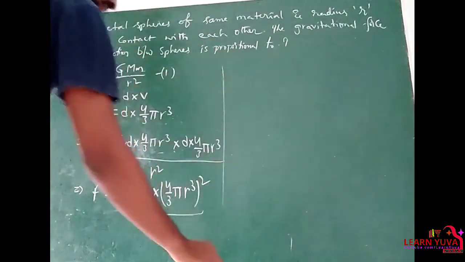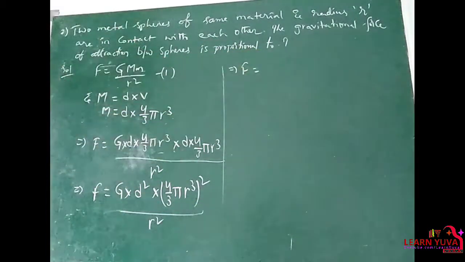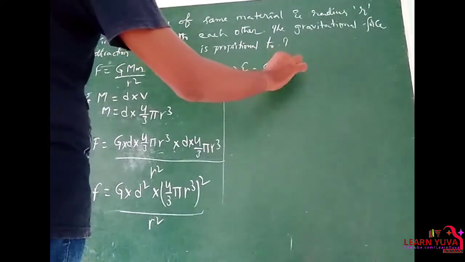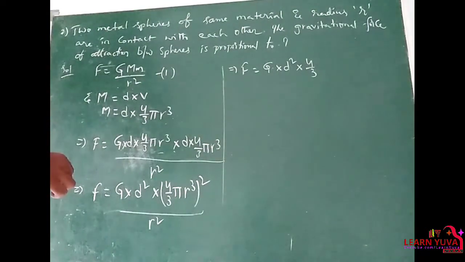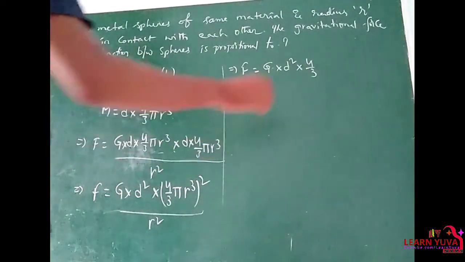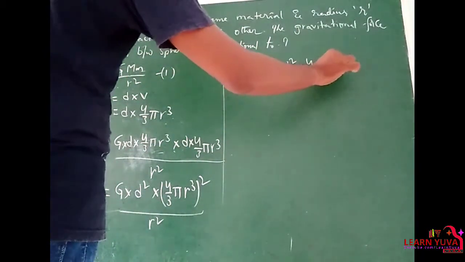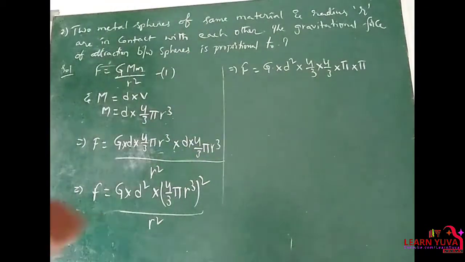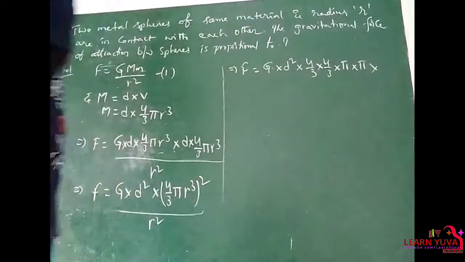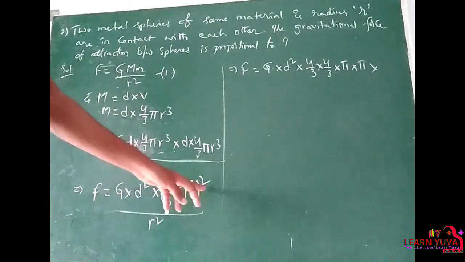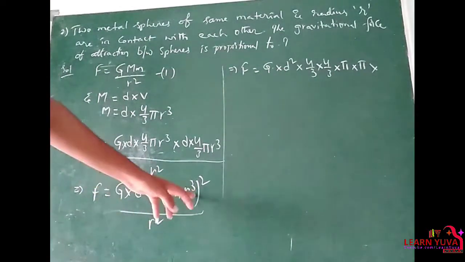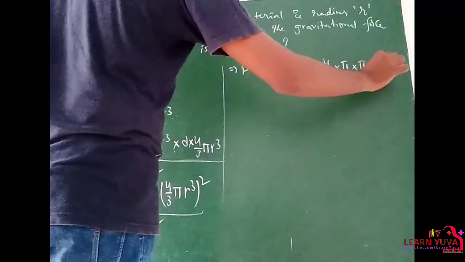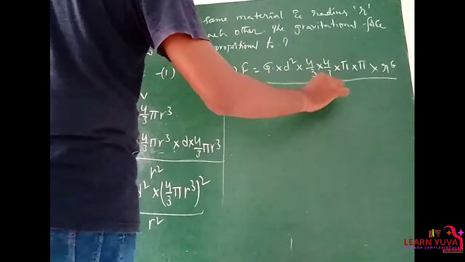So F is equal to G into D square into 4 by 3 square pi square, r cube whole square, so r power 6 by r square.